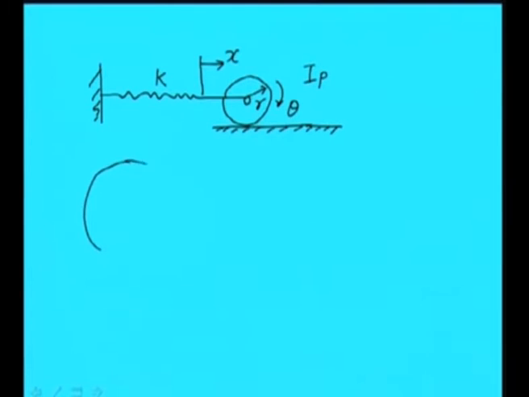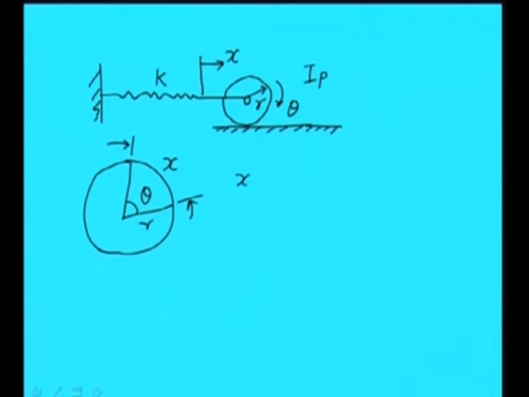If we have this circle, this is the radius, this is the theta angle, okay. So when we are giving a theta angle rotation to this cylinder, the circumference of this particular cylinder will be having displacement of x.